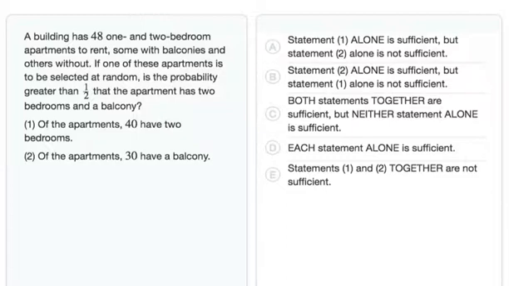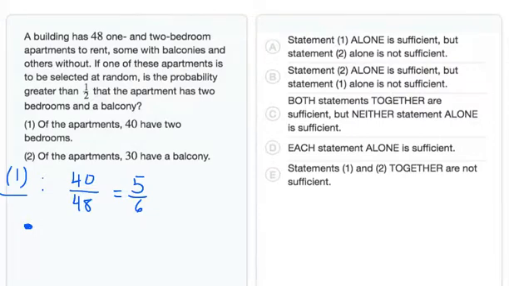Statement 1. We're given that 40 of the 48 apartments have 2 bedrooms, so the probability of selecting a 2-bedroom apartment is 40 divided by 48, which simplifies to 5/6. Now let's suppose, in a couple test cases, first let's suppose 40 apartments have a balcony.